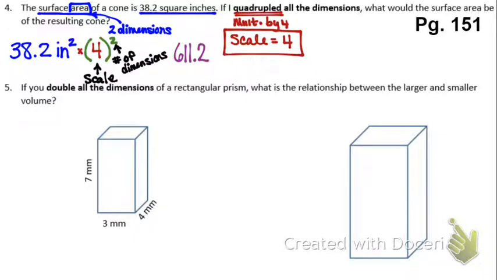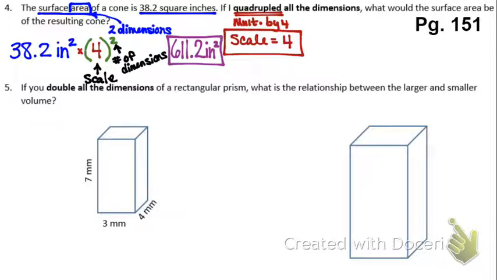Almost done. What's my units? Inches squared. Why is it inches squared again? Yep. The scale didn't have any units with it, so I don't need to change any units here. It's just getting bigger, multiplying it by 4, but we're staying in the same units.